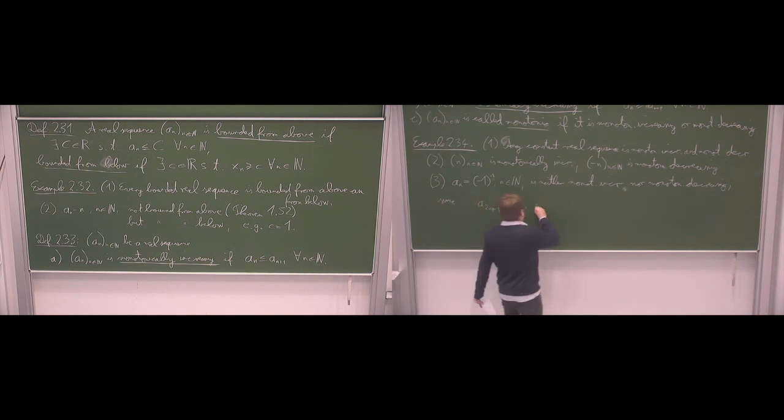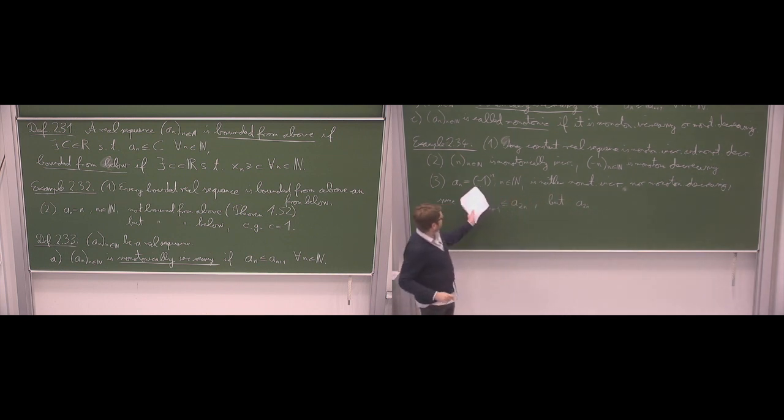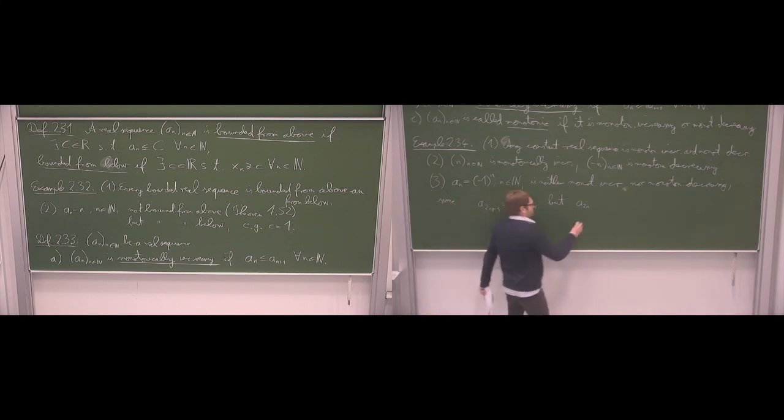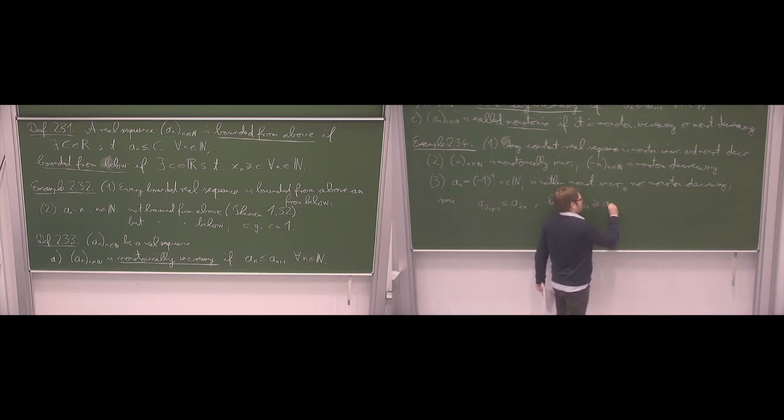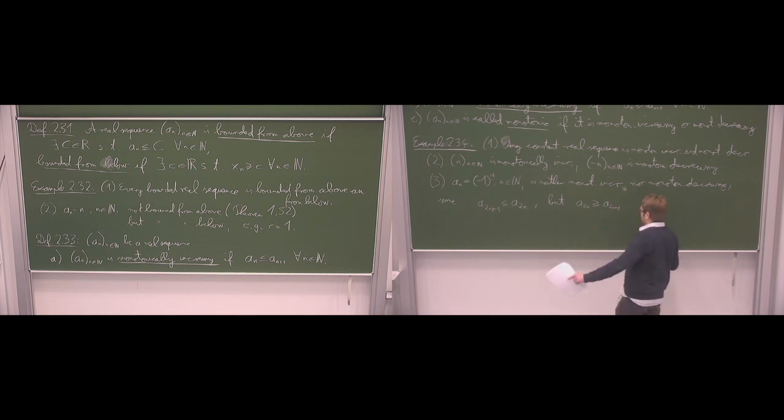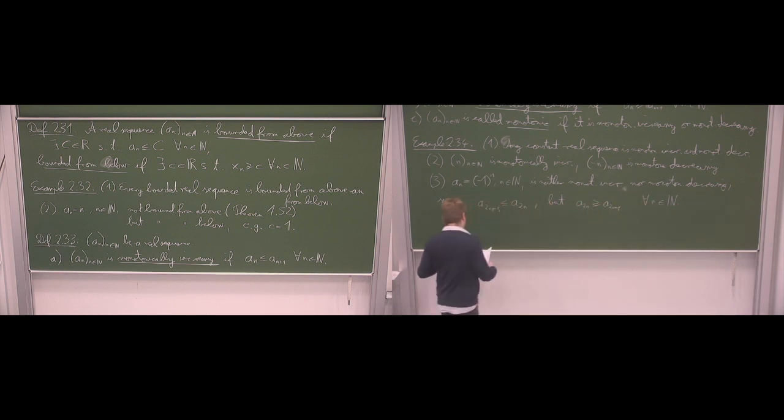But if we now go one step further, if we start at a_(2n), this is the case where we have +1, then the next term of the sequence is again -1, so we are decreasing again. So a_(2n) is bigger than or equal to a_(2n+1). So it's going up and down and up and down, which is kind of the opposite of monotonic almost. This holds for all n in N. So this is not monotonic at all.